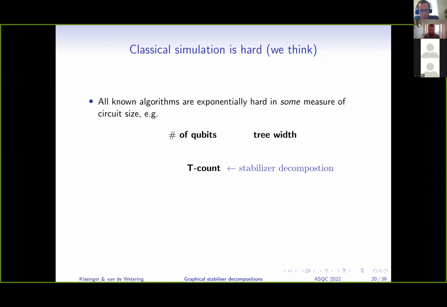But a very interesting family of techniques are those where the hardness of a circuit really has to do with the T count. And these kinds of techniques are what I would generally call stabilizer decomposition techniques, decomposing based on the stabilizer rank or the stabilizer extent.